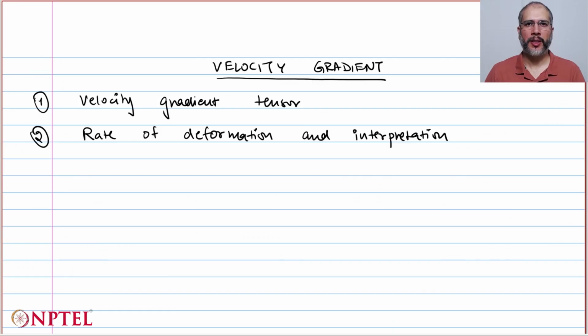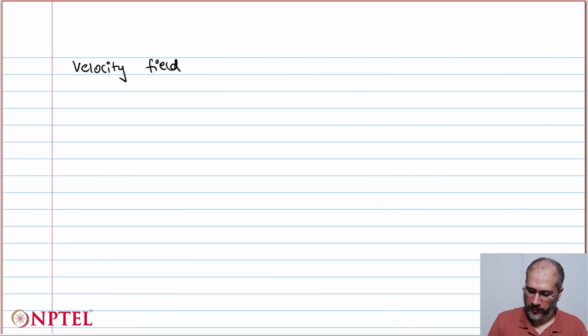So in these cases, it is not the displacement that we talk about, but rather we talk about the rate of displacement of the material, which basically is the velocity of the material. So we define the velocity field, which is the vector v, as a function of small x and t. So this is the Eulerian description.